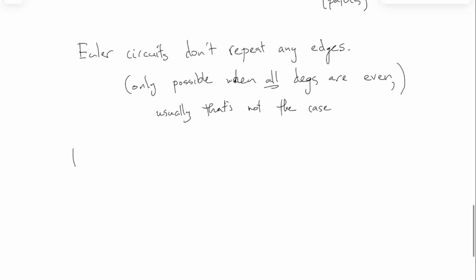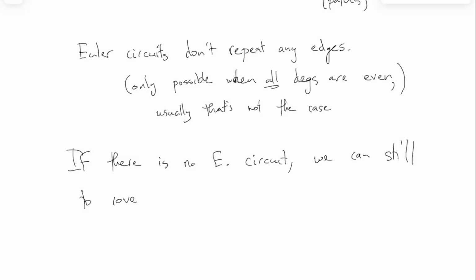If it's not possible, so if there is no Euler circuit, which is usually the case, then we can still try to cover all edges while repeating as few as possible.